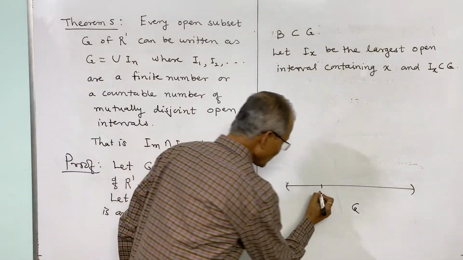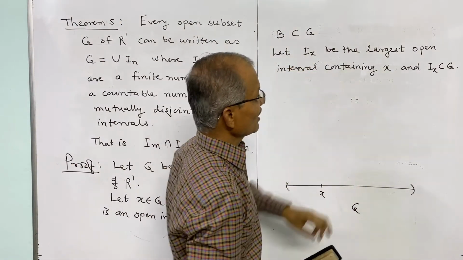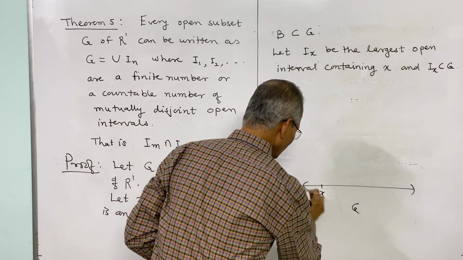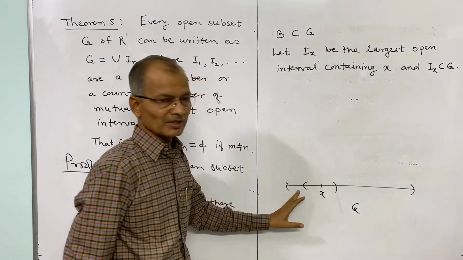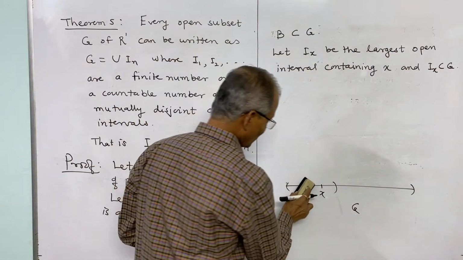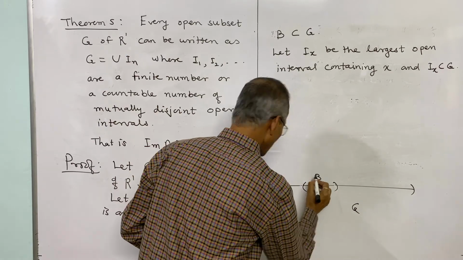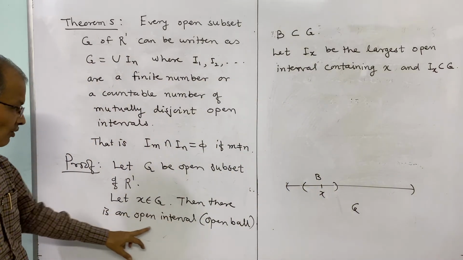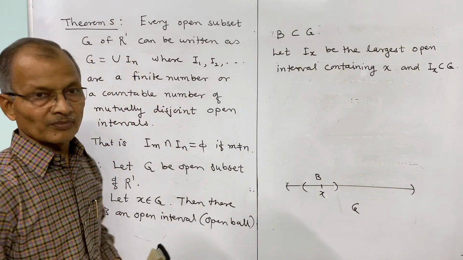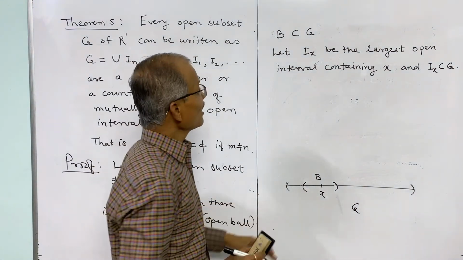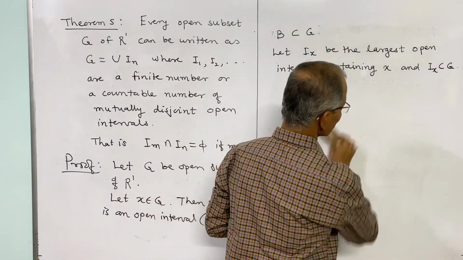So this x will be contained in Ix. Ix is the largest open interval containing x and Ix is contained in G. If x is in G, then there is an open ball B which contains x and is contained in G. Now let Ix be the largest open interval containing x, and Ix is a subset of G.